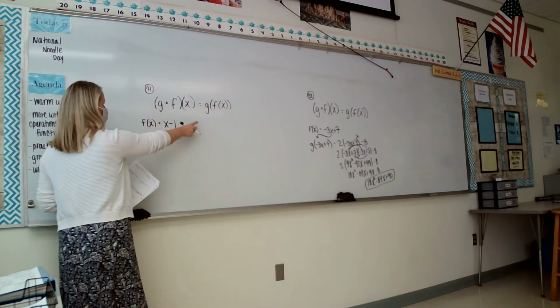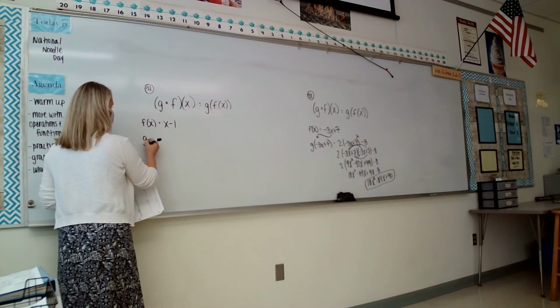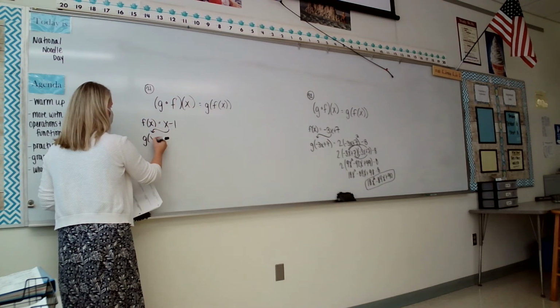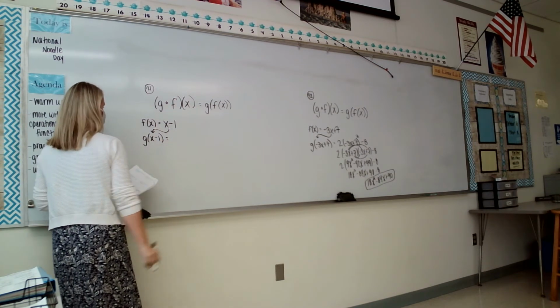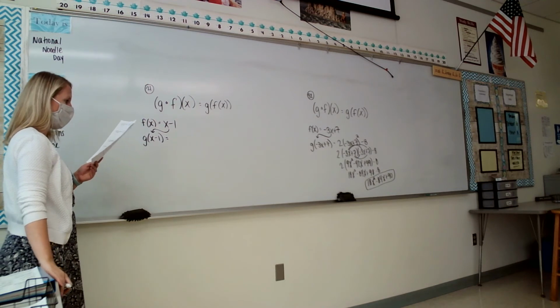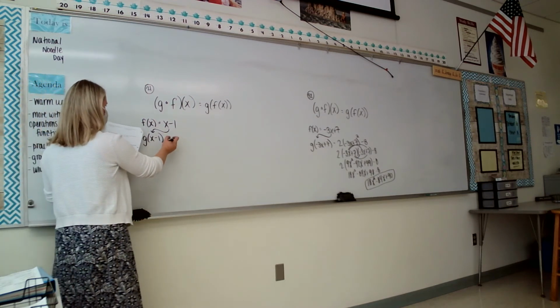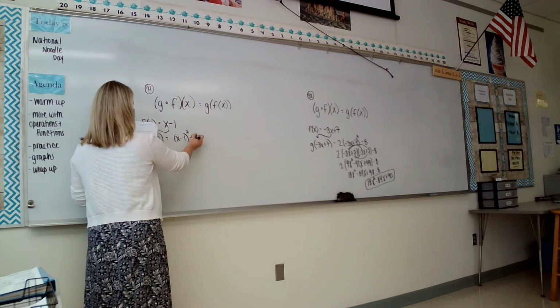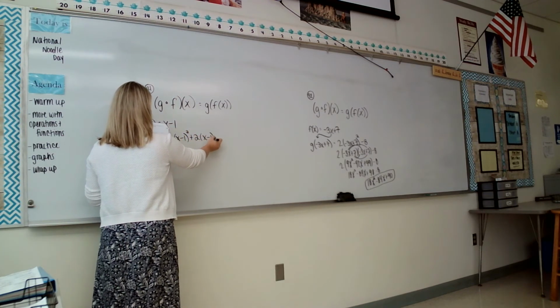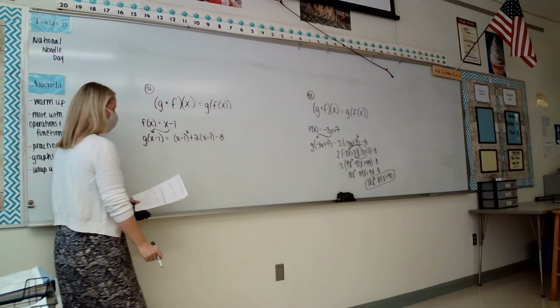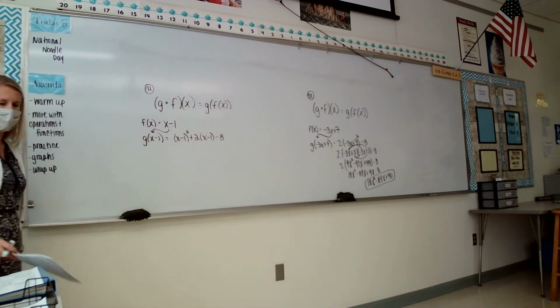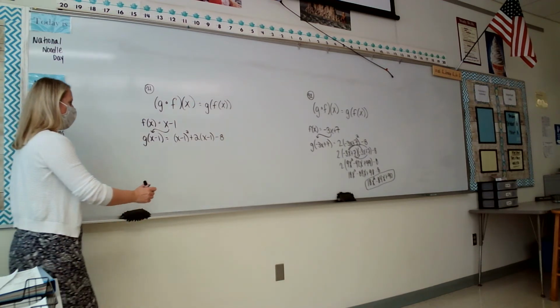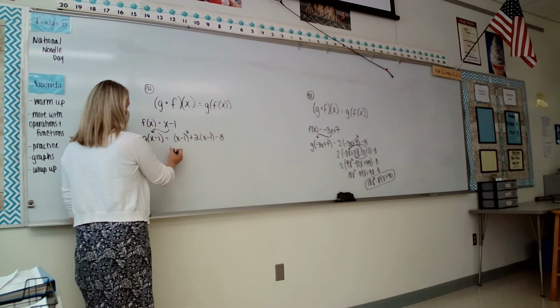Then I work my way out in the g function. This is going to become my input. So for g, I'm going to write it as x minus 1 squared plus 2 times x minus 1 minus 8. Now you had some simplifying to do, so hopefully you follow that, keep going.